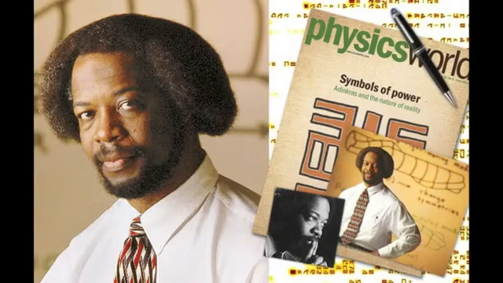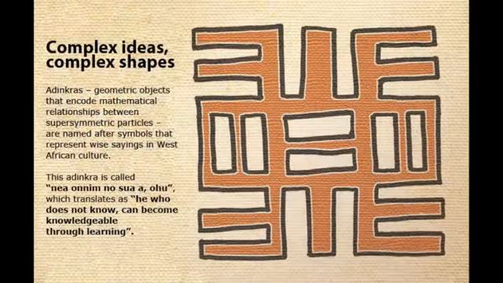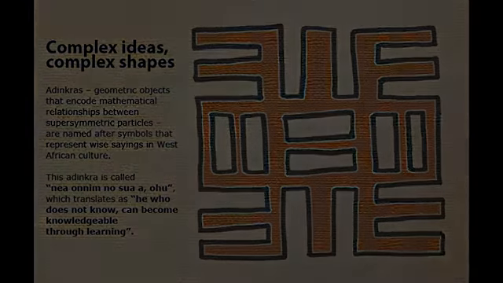So in the June edition of Physics World, published in London, the cover story is called Symbols of Power. It's about these weird symbols that have been showing behind us. We call these things adinkras. And so for a popular level description, yes, we've written that. But other than this one popular level description, it's all technical gobbledygook. And that's a technical term, by the way. Gobbledygook. Thank you.